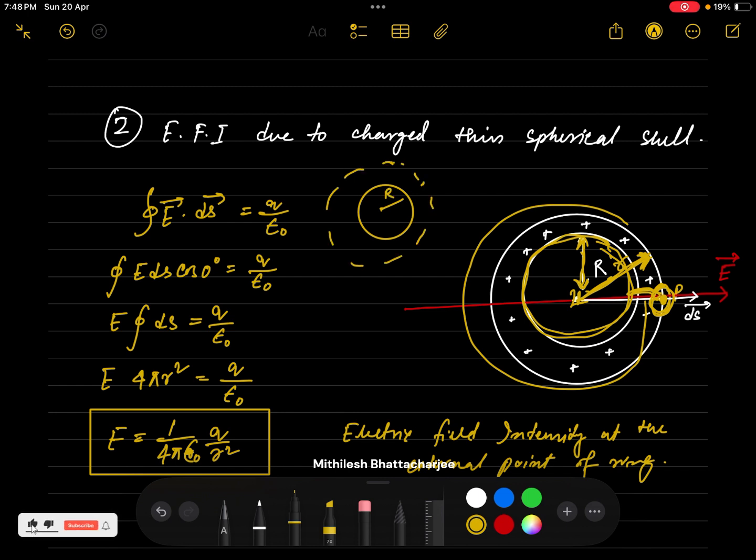This is the shell of radius capital R, we consider this the Gaussian surface, and we find the electric field intensity at this point, this position.